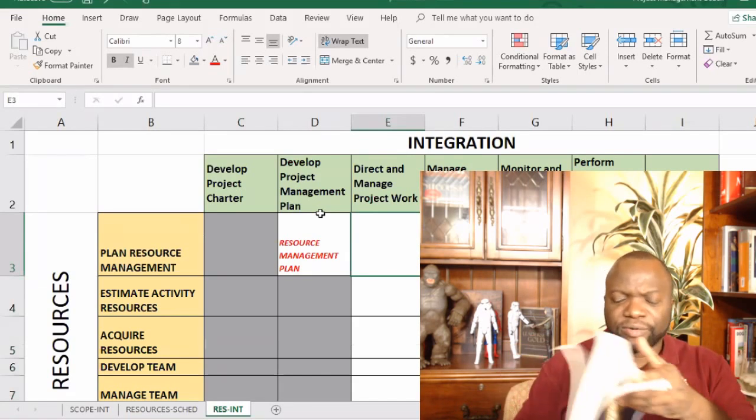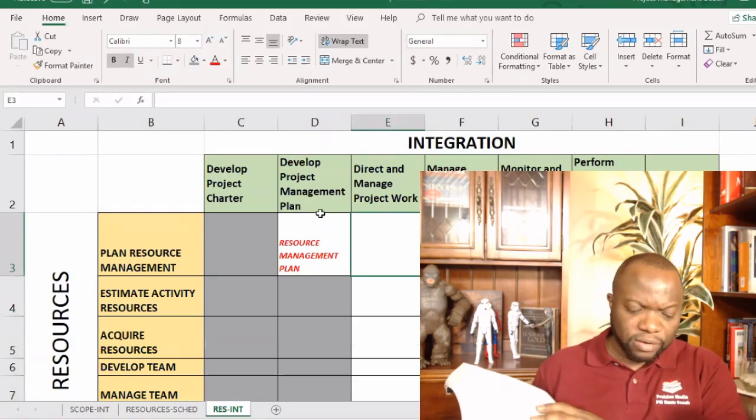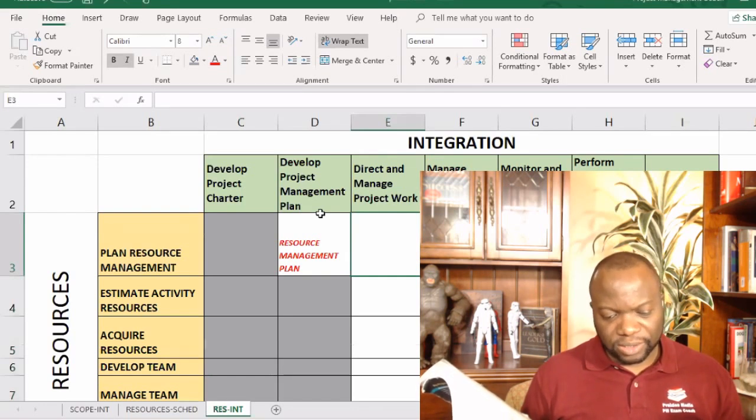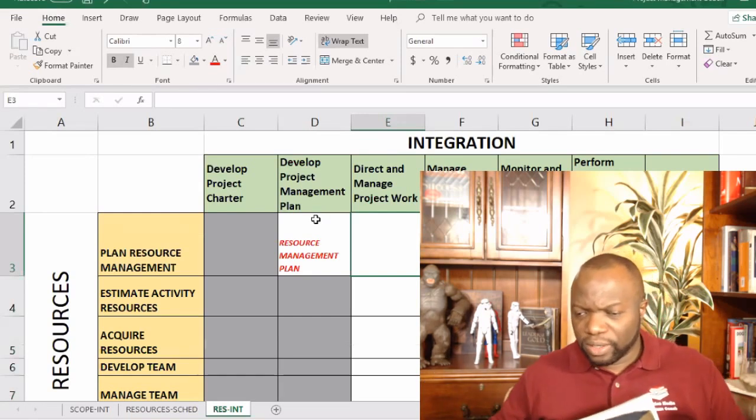All right, let's go to Direct and Manage Project Work, 4.3. So if you go to 4.3 and you take a look down, what do you see? You see nothing mentioning the resource word. You've got change log, lessons learned register, milestone list, project communications, project schedule, but nothing relating to the resources. So we can block all of this out.